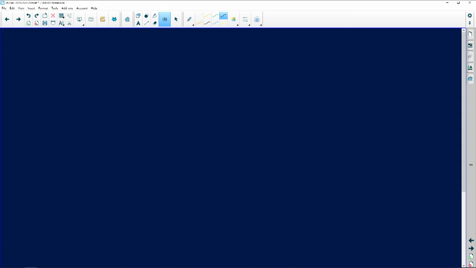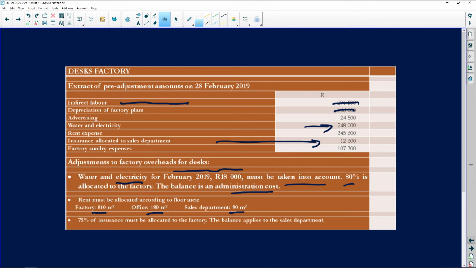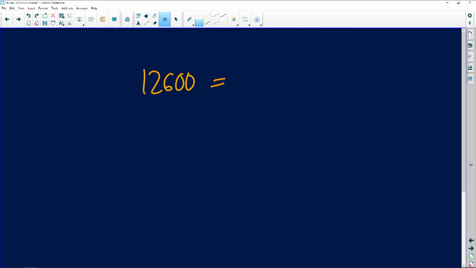If we have 12,600 as the sales department, now, this calculation is very important, guys. You are told that 75% of the insurance must be allocated to the factory. The balance applies to the sales department. So in other words, your sales department, as you can see here, was 12,600. So therefore, the 12,600 is equal to 25%.